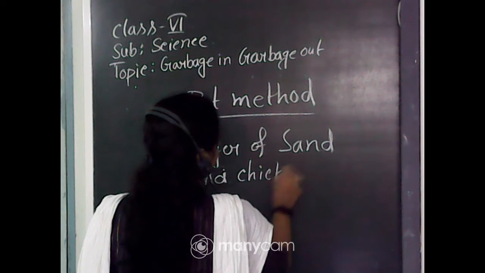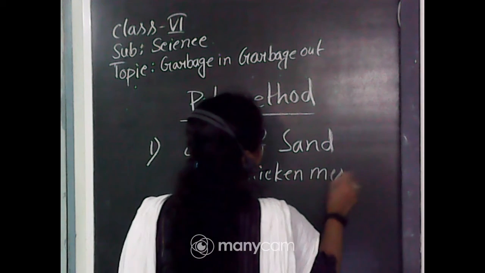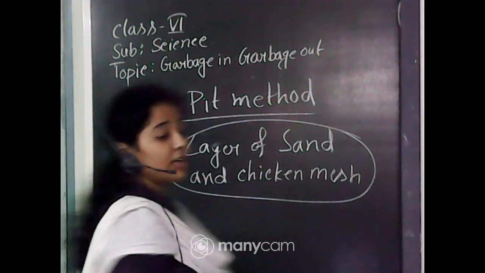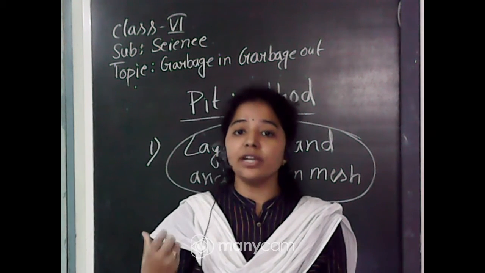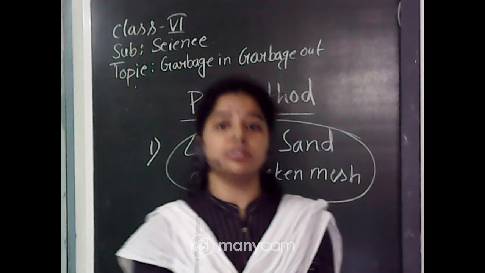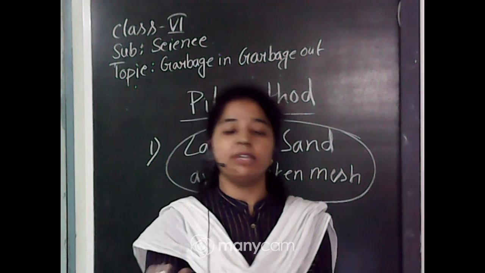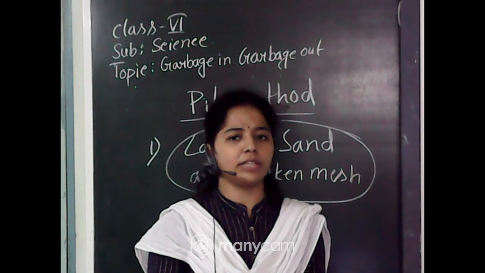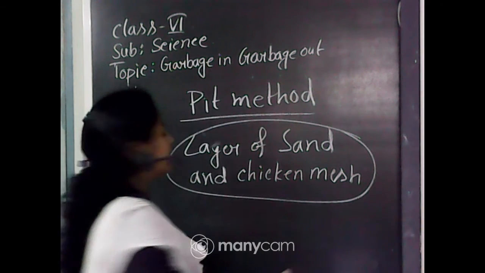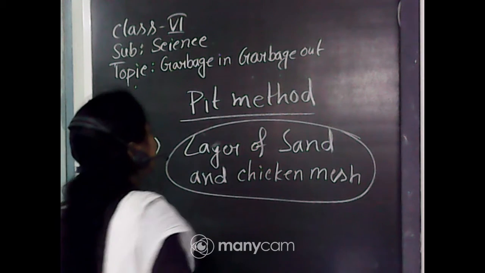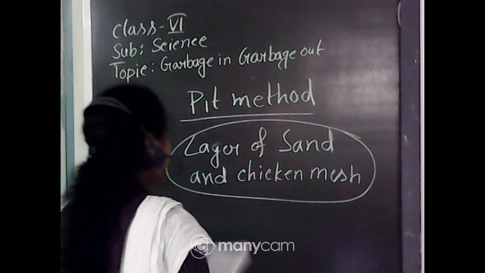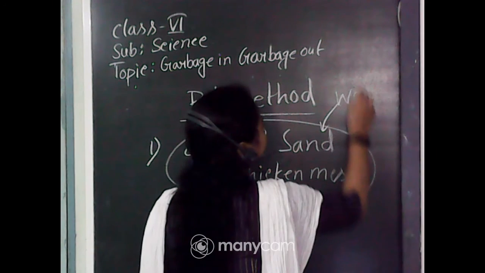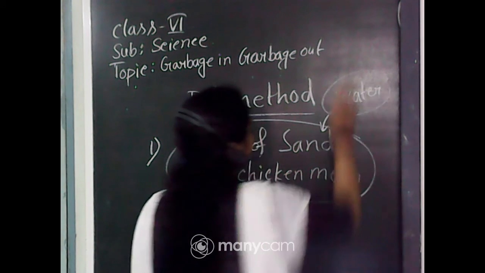Okay, a layer is made with sand and chicken mesh, and that is mixed with some biodegradable waste along with some kitchen waste, vegetable peels, fruit peels, and other things also, the shells of eggs, etc. These all are biodegradable waste. Then this layer is followed by sprinkling of water. Then we should add some water to this layer.